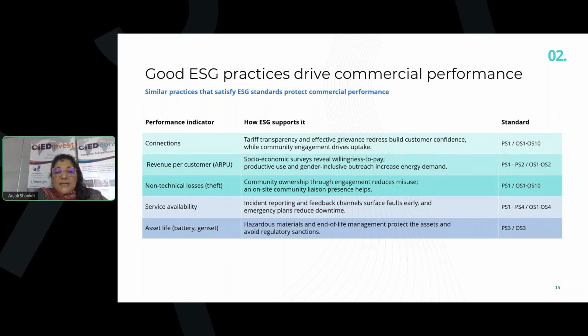Also, looking at some of the technical aspects of the ESG framework, the idea is that we also increase the life of assets, batteries and gensets, as well as recycling and environmental management and protection. We also avoid regulatory sanctions, as the case may be. Next slide, please.